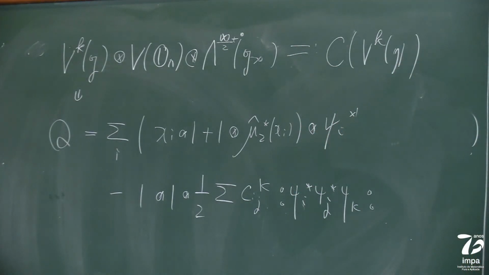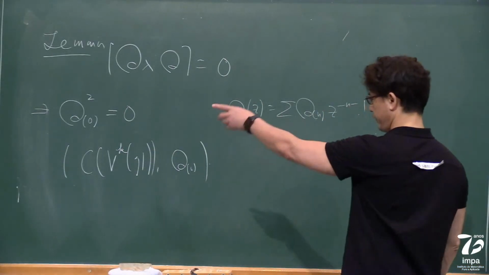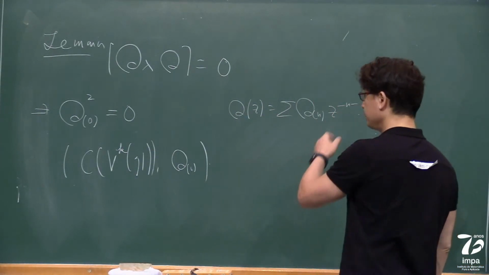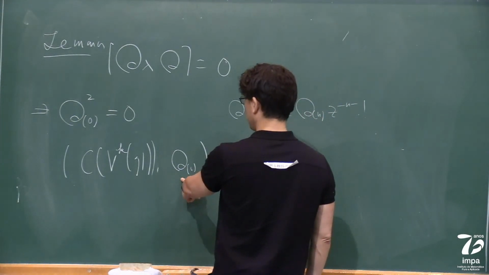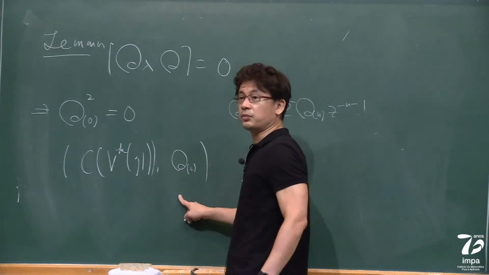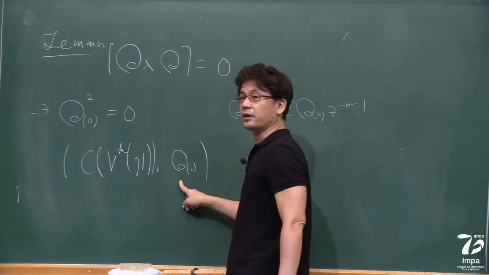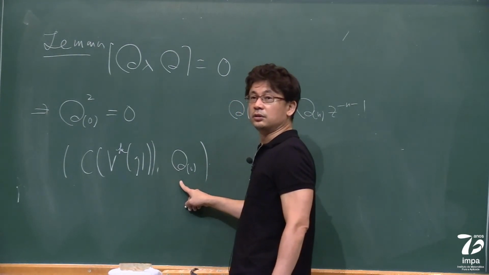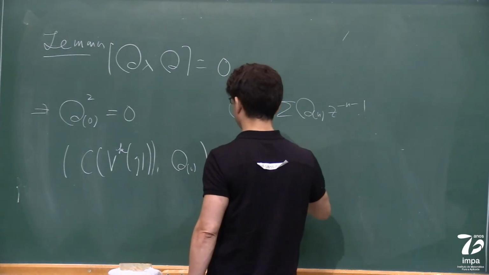So C of V^k(g) with Q_0 is a cochain complex with the same cohomological grading as before. And actually, this Q_0 is compatible with the algebra structure of the vertex algebra, because of the reasoning I explained in the first week of the school. So this has a structure of a differential graded vertex algebra.